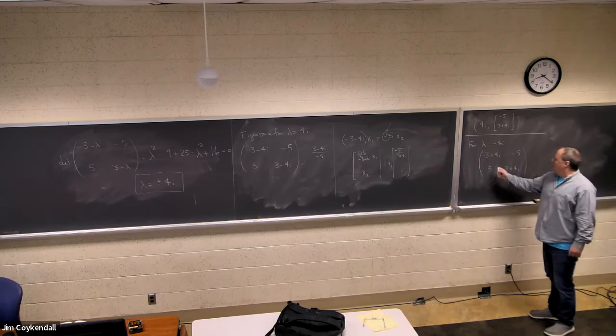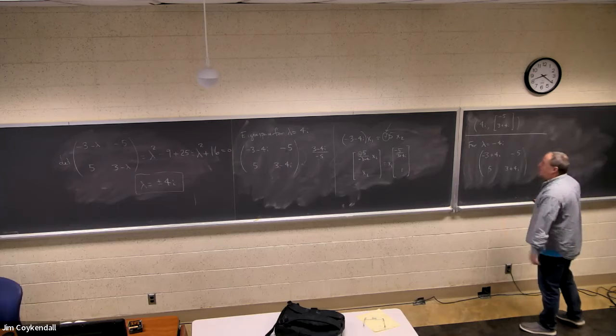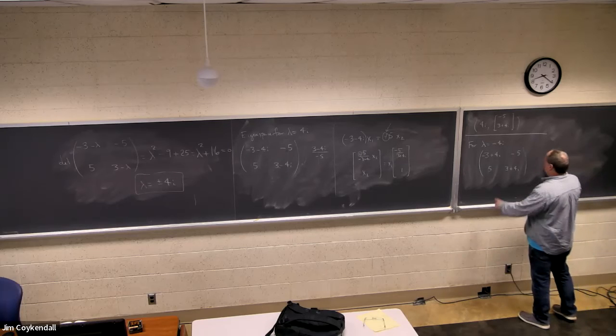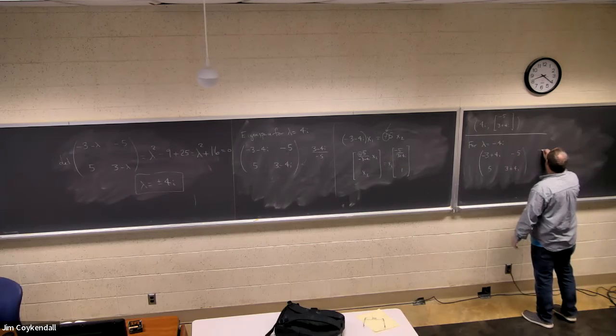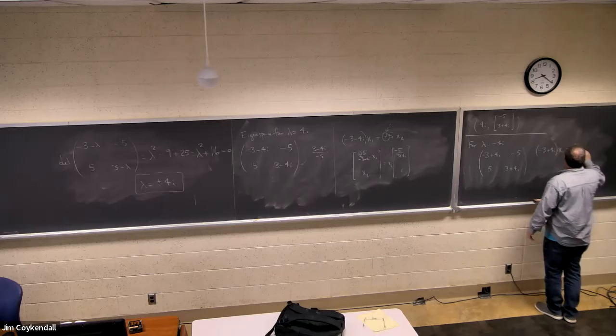And again, this row is a multiple of this one. I'll be more careful this time. I get x2 is 3, and I get -3 plus 4i. x1 is 5 x2.